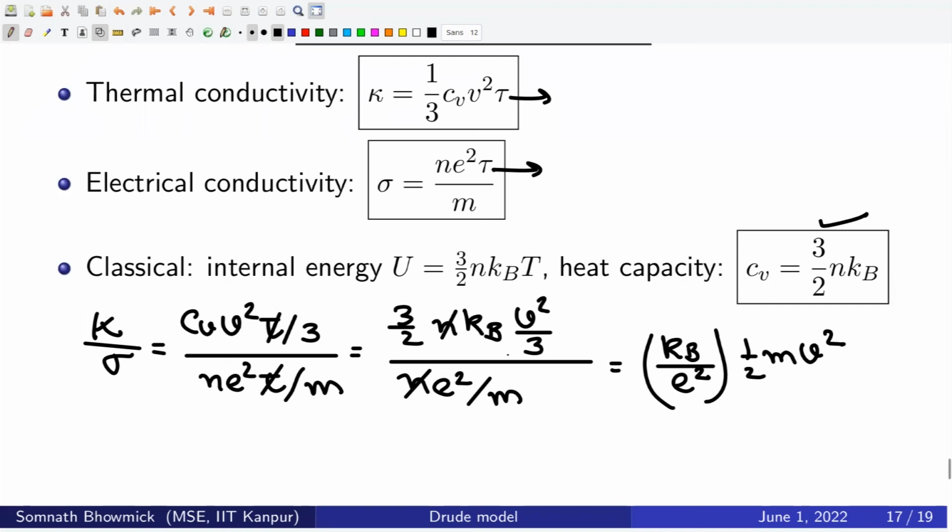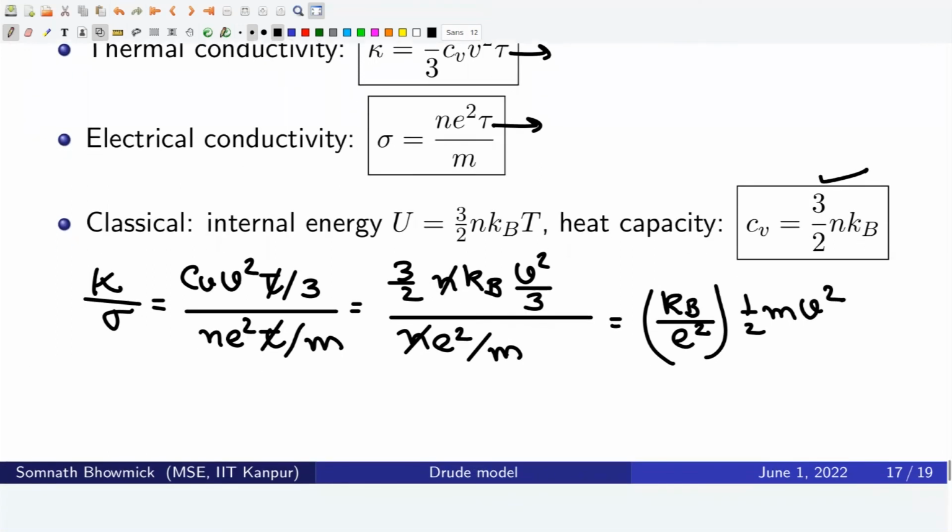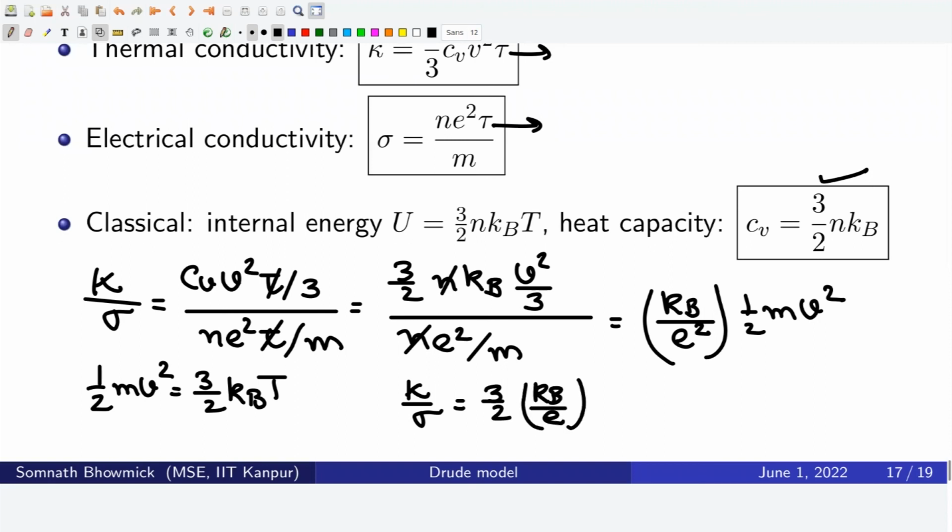Now we know that half m v square is equal to 3/2 k_B T. That is, kinetic energy is related to the temperature in this way. So this implies that we can write kappa by sigma is equal to 3/2 times k_B by E whole square T.